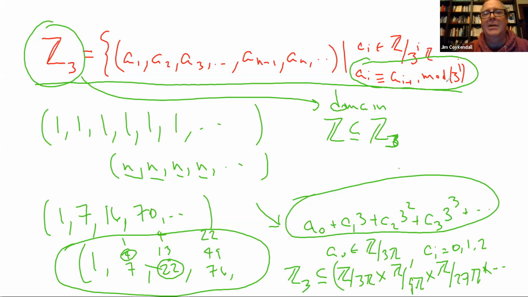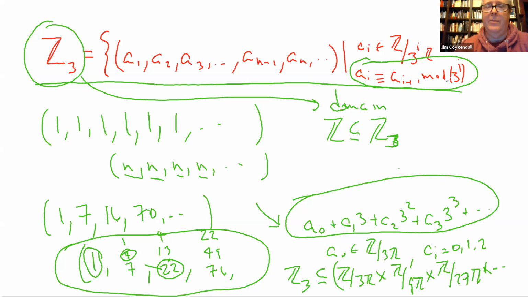So this is a principal ideal domain, and this construction is good for figuring out things with units, because you can show that you have a unit in Z3 if and only if the first coordinate is a unit in Z mod 3. Well, Z mod 3 is a field, so anything that starts with a 1 or a 2 is a unit, right? If it starts with 0, it's a non-unit. And it's not a zero divisor unless it's all zeros. Okay, any questions on that?